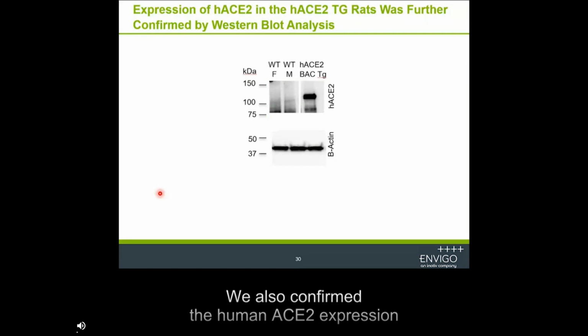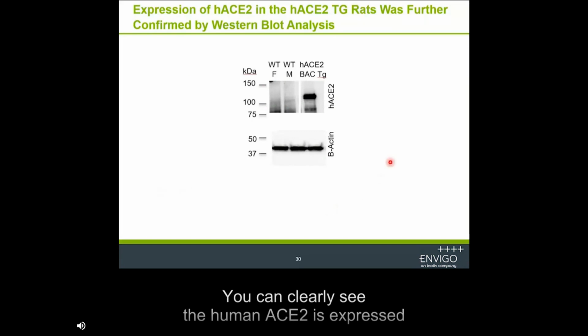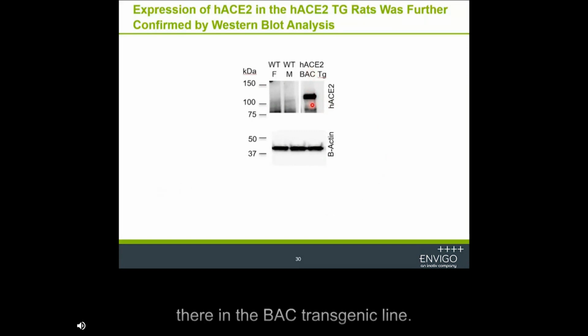We also confirmed the human ACE2 expression in those transgenic rats with Western blot. You can clearly see the human ACE2 is expressed in the BAC transgenic line. This is still a kidney sample.